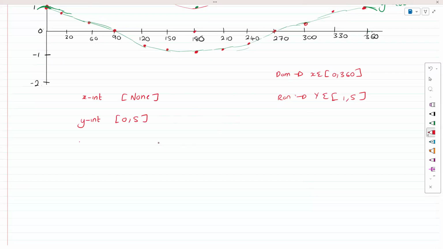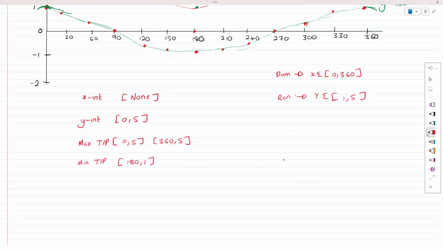Now we have maximum turning points, which there's 2. And the maximum turning point is 0 and 5 and 360 and 5. We have a minimum turning point of 180 and 0.